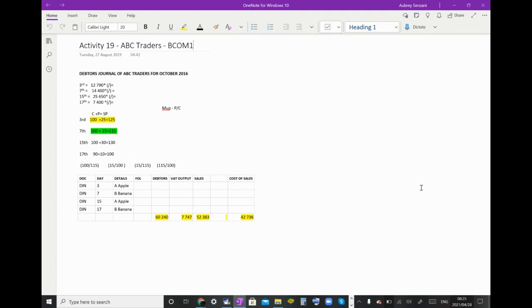It says all amounts are inclusive of VAT where applicable. As a bookkeeper, you have been provided with only the source documents for the month of October 2016, necessary for the preparation of the journals specified below. The business uses the perpetual inventory system and uses different markups for different products that they sell.